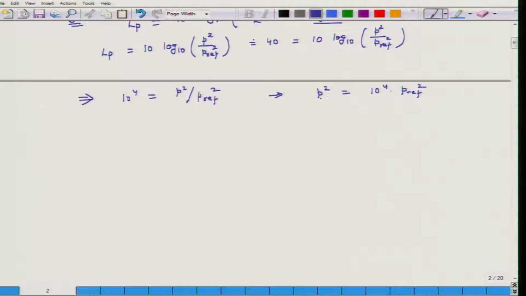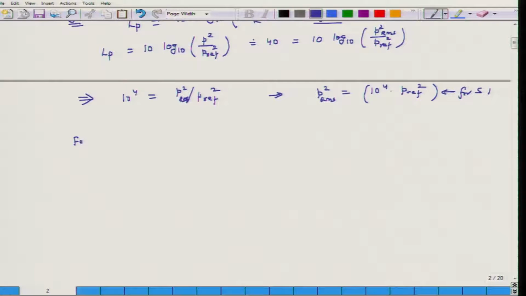Okay. This is the RMS value, just to be sure, we should not get confused, all these are RMS values, which means that the power of source 1 is proportional to 10 to the power of 4 times reference pressure square, because power is proportional to square of pressure. So, this is for source 1, for S1.